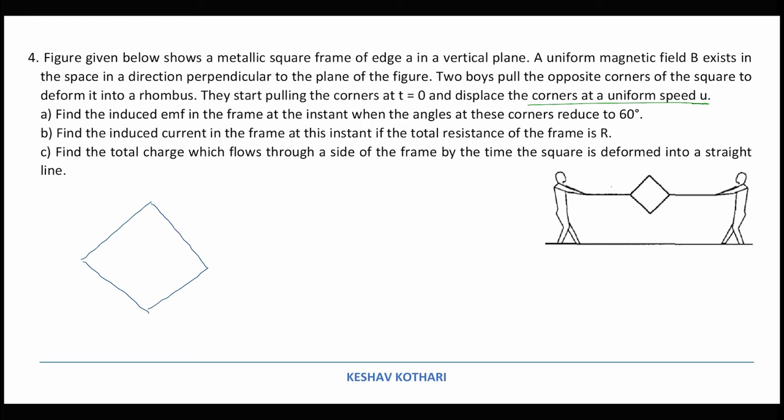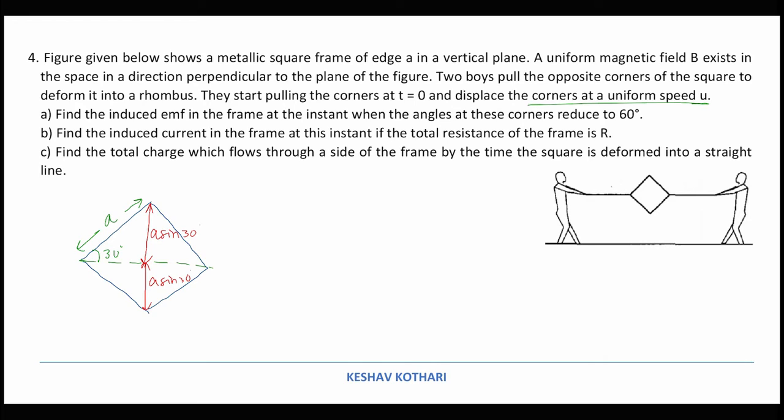If I draw a line like this, over here this angle is equal to 30 degrees. If this is the side length a, we can calculate the perpendicular length, which is going to be a sine 30, and down here also it is going to be a sine 30. So this is the first set of change which we have.